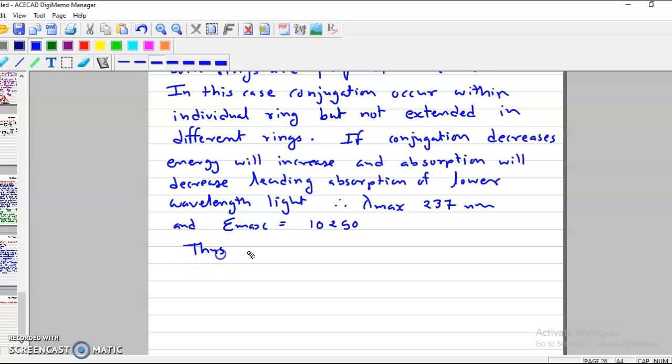Thus, epsilon maxima decreases or reduces, which is known as hypochromic shift.